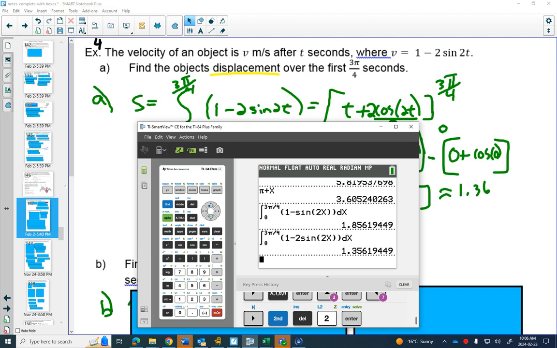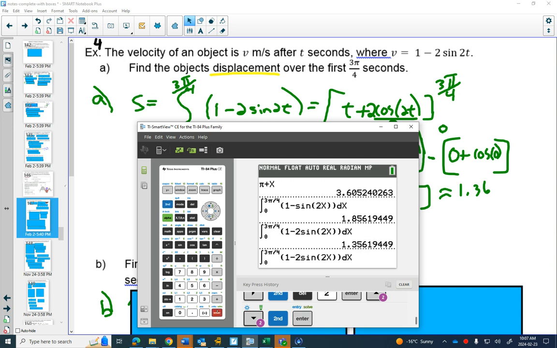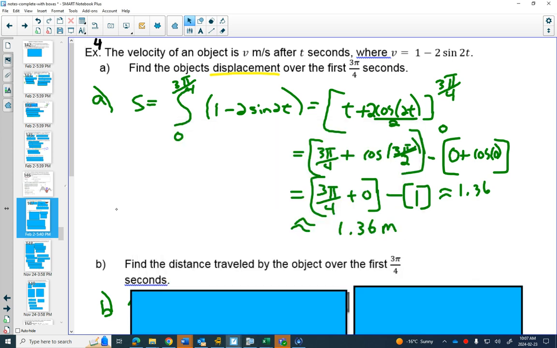1.36. If you have an older calculator that doesn't let you go up and highlight something, you can also get previously written things by going second, and above the enter button is entry. Second entry pulls it up as well. Sometimes that's quicker if you just want to grab something right from before. So if you had your calculator for this, then I would be expecting you to go to that calculator because it's faster.